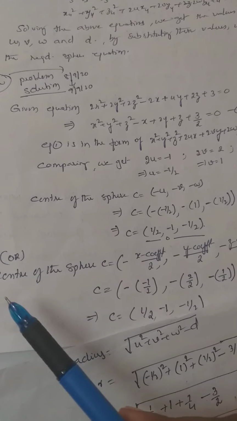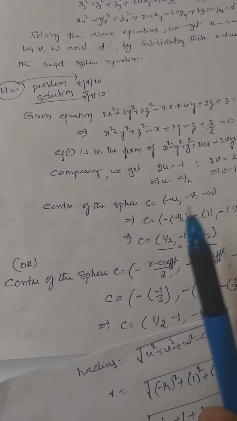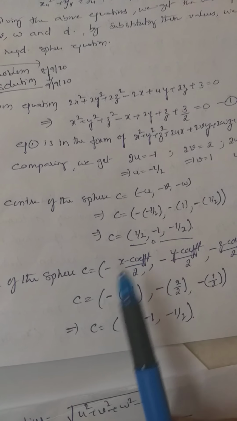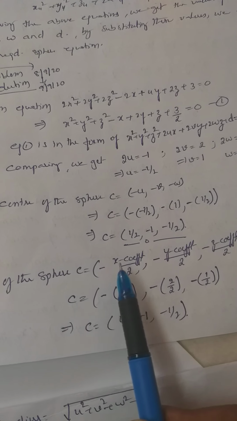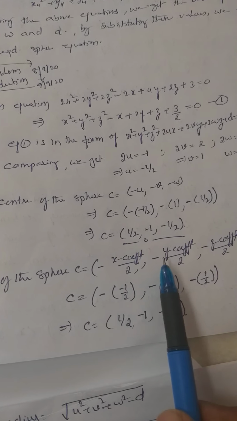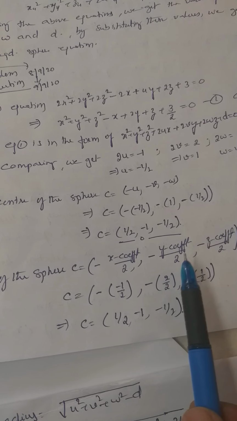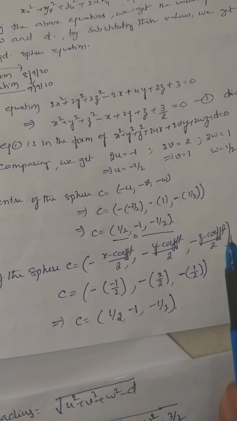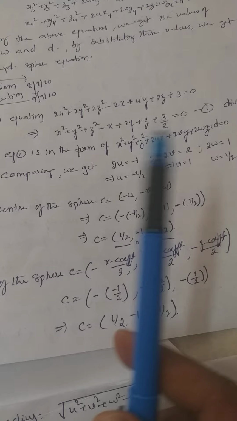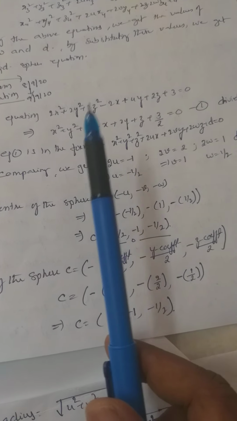Another way, we can directly write the center of the sphere as C is equal to minus of x coefficient by 2 comma minus of y coefficient by 2 comma minus of z coefficient by 2. Remember that the equation must be in standard form.